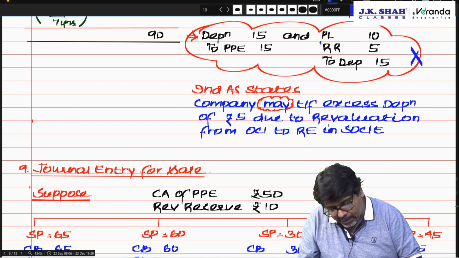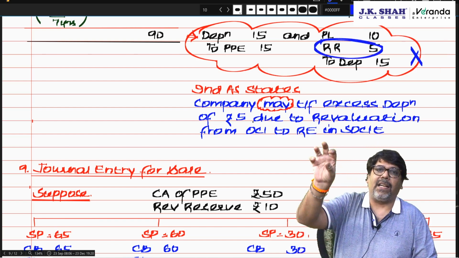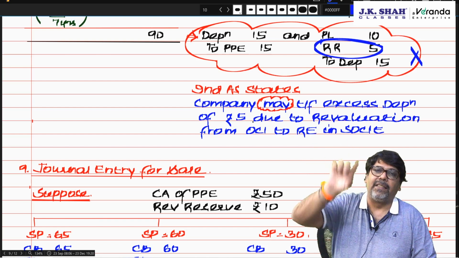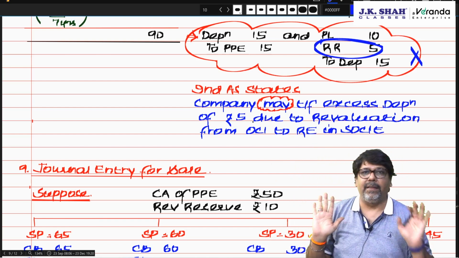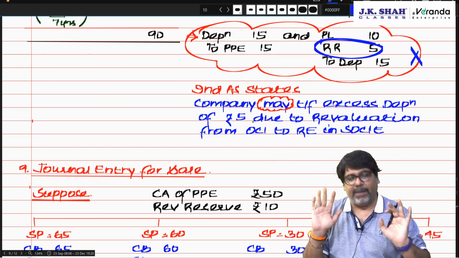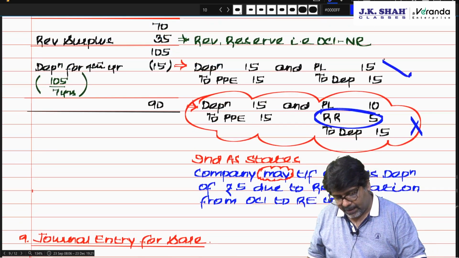But you are supposed to remove it from revaluation reserve and transfer it to retained earnings, in where? Statement showing changes in equity. So profit available for distribution will remain same. The retained earnings will be same. Am I clear? So we'll pass this entry.